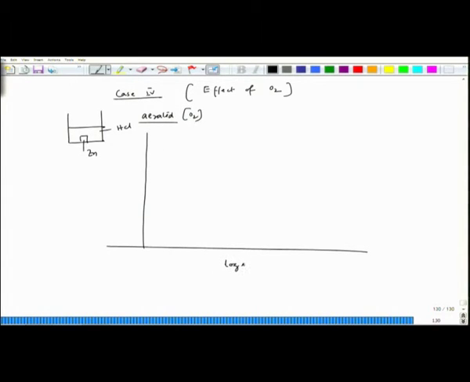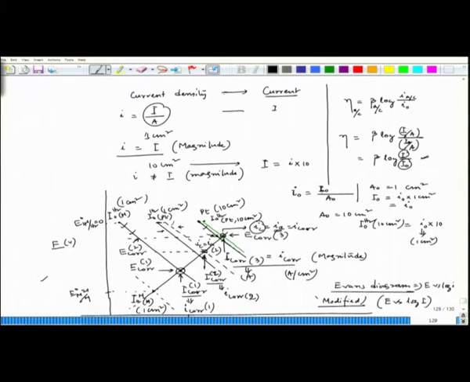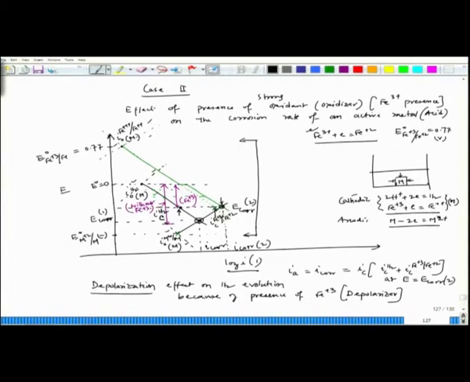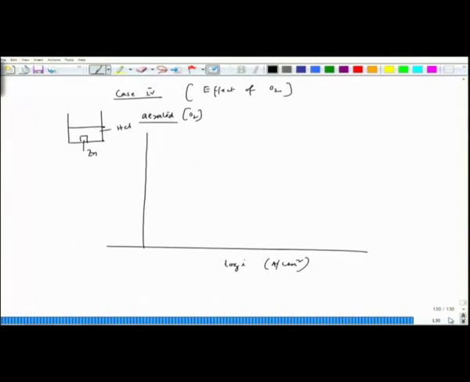This is log I, ampere per centimeter square. I just missed one point here. The unit is ampere, but if we see here, the unit is ampere per centimeter square. Now, coming to this, this is E. Let us say this is zinc, zinc plus, E0 equal to minus 0.76, of course with a minus sign, and this is H. Let us say this point is E0 of H plus, H2 equal to 0 volt.